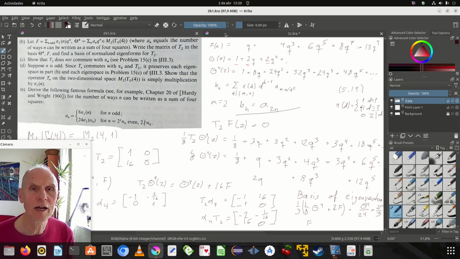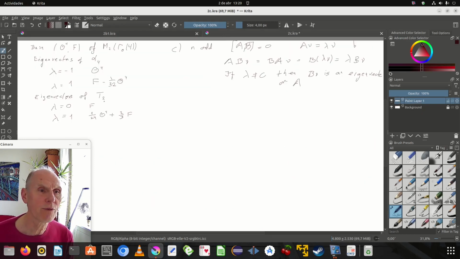So that's the eigenspace of alpha 4 they talk about. I actually wrote up as preparation the eigenspaces for alpha 4 and for T2. Oh yes, because Tn also maps this eigenspace into itself.